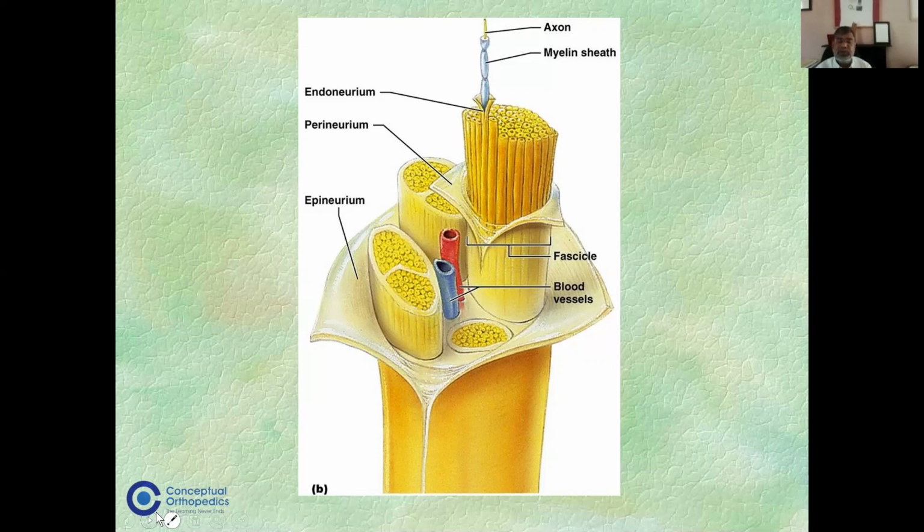So if you just remember these three connective tissues, then you will know what a nerve is. So remember endoneurium, perineurium, and epineurium. These are the three connective tissues holding an axon, a fascicle, and the whole nerve all together. So this will be very important when we're discussing nerve injuries.